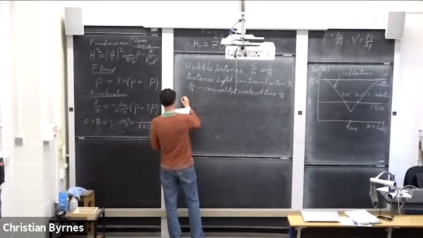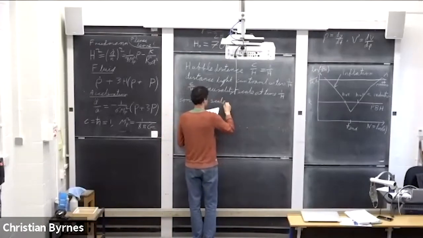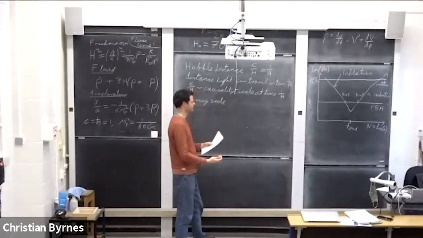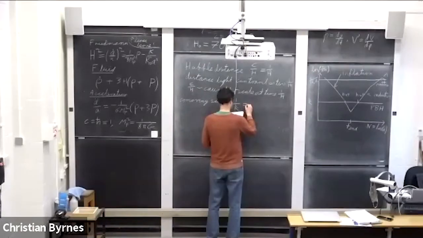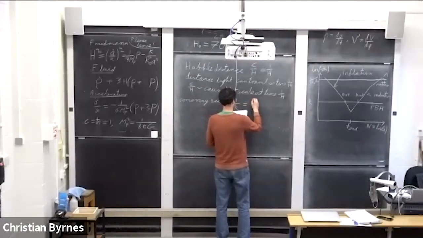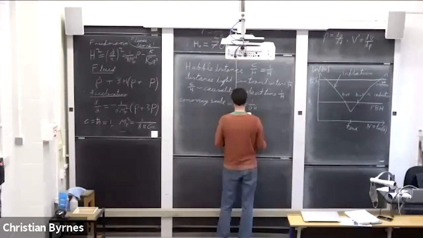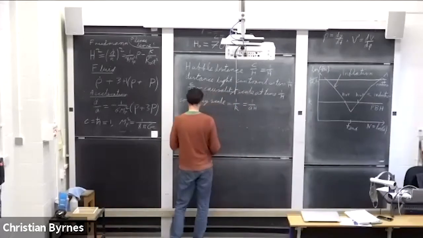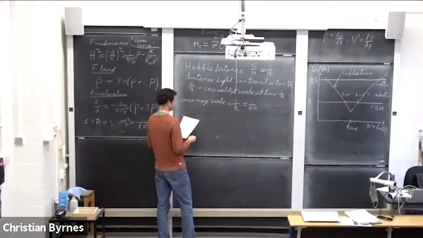So again, a co-moving scale. Remember, k was the inverse of the co-moving scale, so this thing is 1 over k. This is 1 over aH. And hence, k equals aH is the horizon scale.